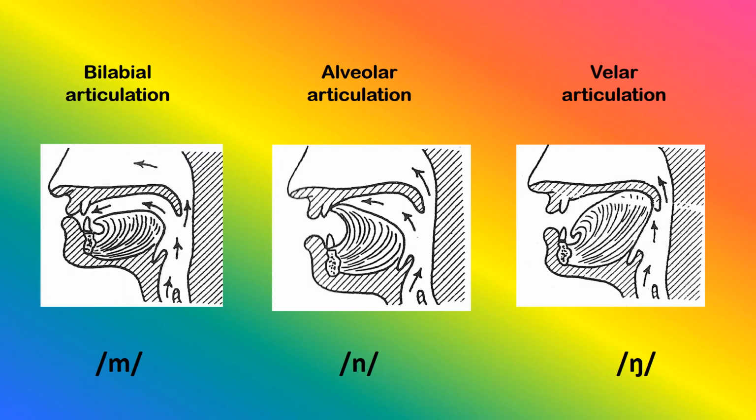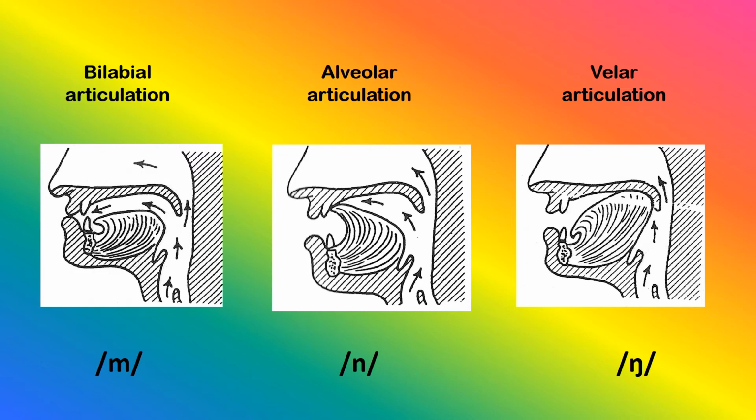There are three nasal consonants: bilabial, alveolar, and velar nasal. They are all voiced. That is, they are produced with a vibration of the vocal folds. The bilabial and alveolar nasals occur in all contexts, but the velar nasal occurs only syllable finally.